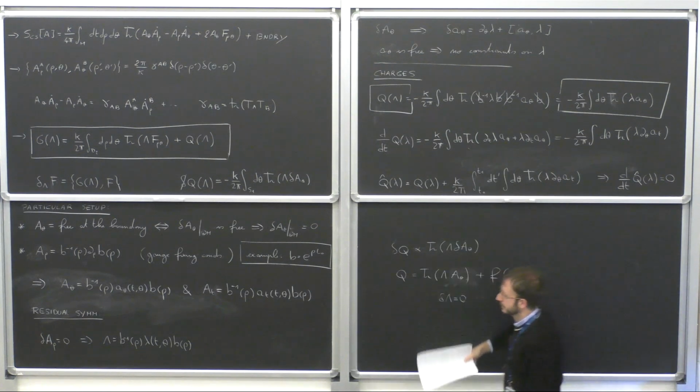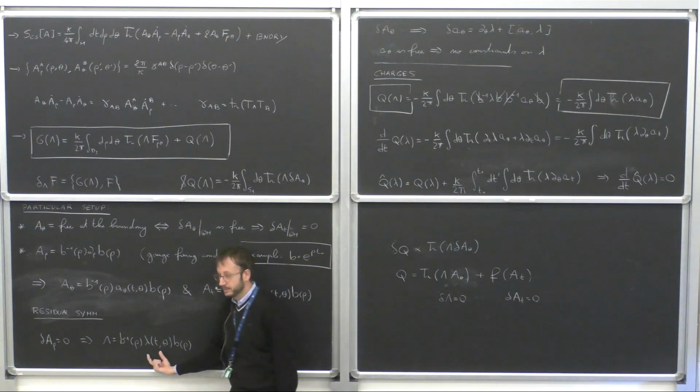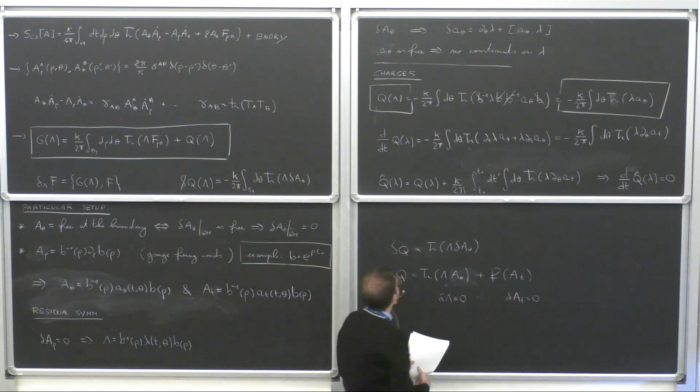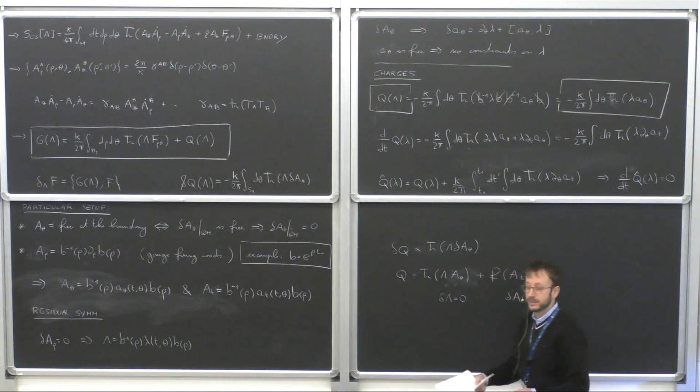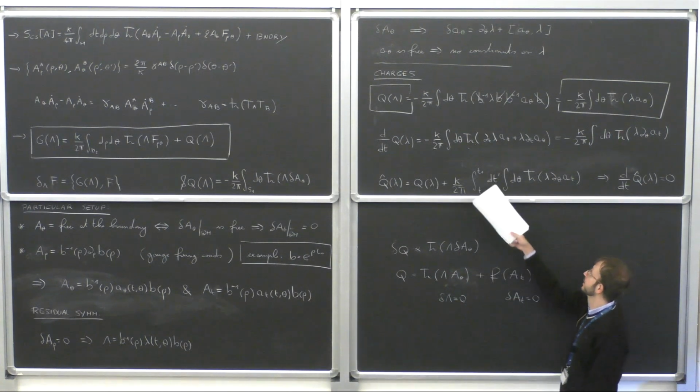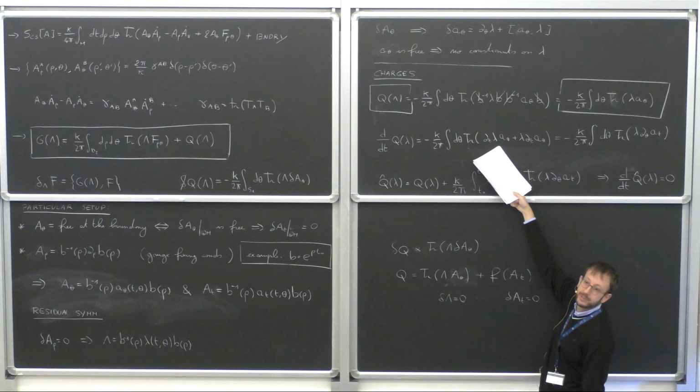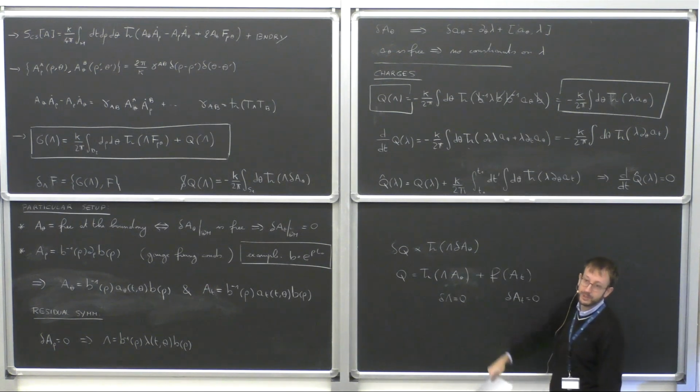This is something that we already encountered because it was the equation that was fixing the t dependence of lambda. You can see it either algebraically by saying I want delta a_t equal to 0, or you can just look at this and say, well, whatever it is, the t dependence of lambda is fixed, and then I can substitute for it.